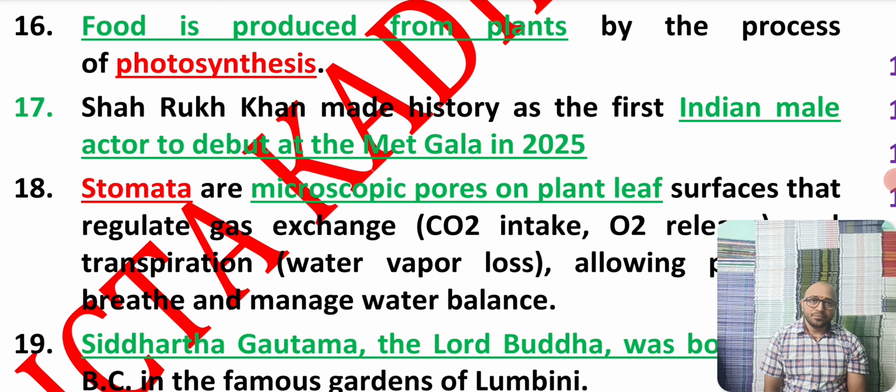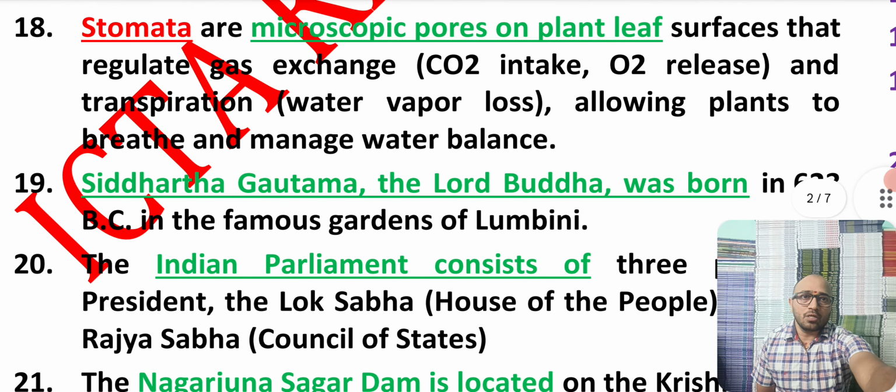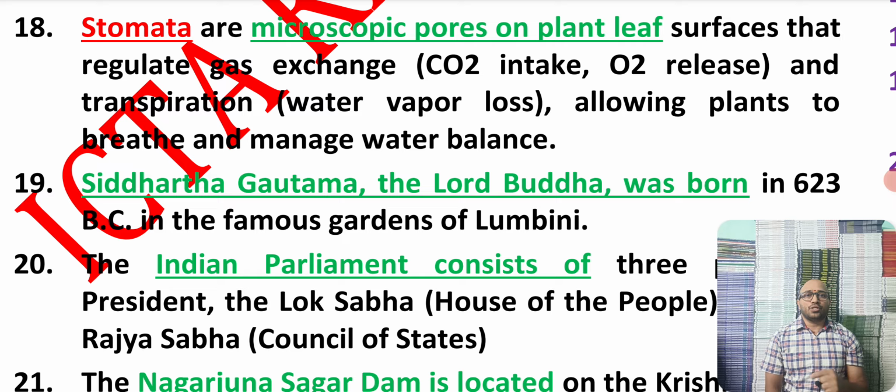Stomata, we know about that. Microscopic pores on the plant leaf surface. We can see the gas exchange: carbon dioxide it takes in, oxygen gets released. This is called transpiration. As we inhale oxygen and exhale carbon dioxide, that is the inspiration process.